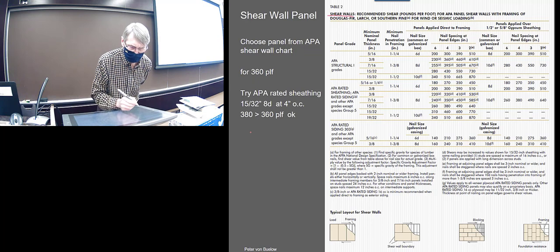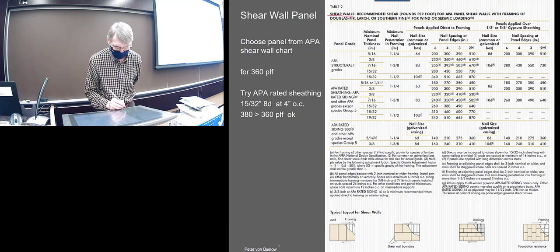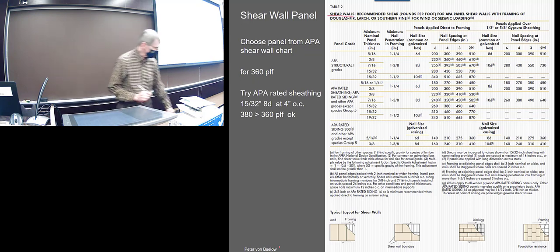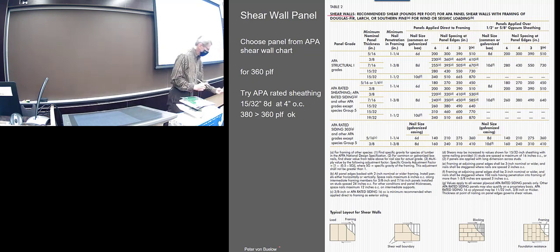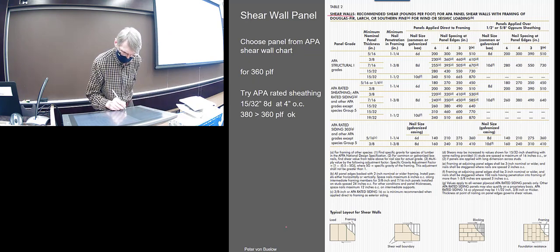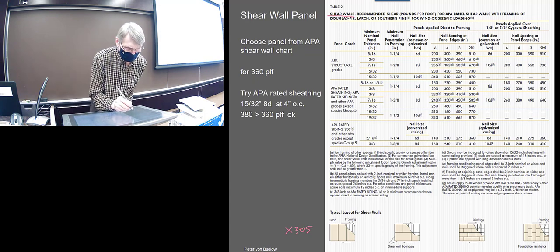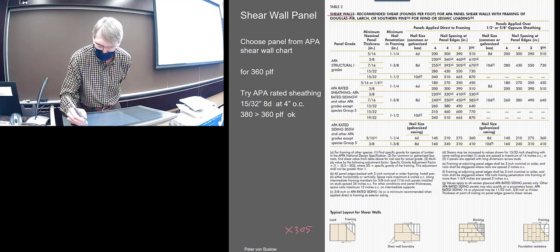This is the table for the shear walls, again out of that the 305, this one, what's it called? X305, I think is where this is. Okay, so this is the one you've got to decide.